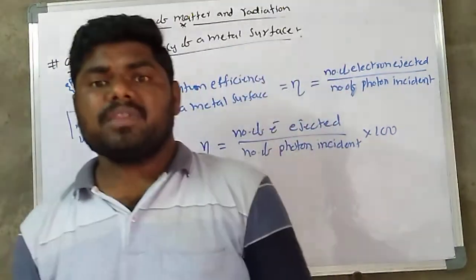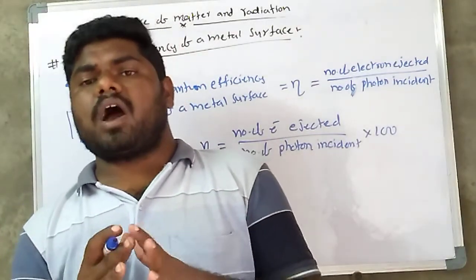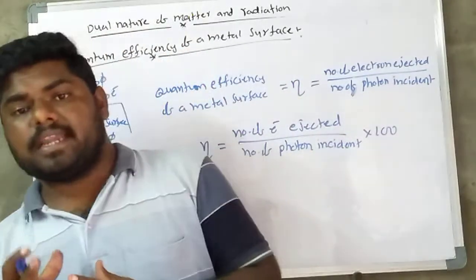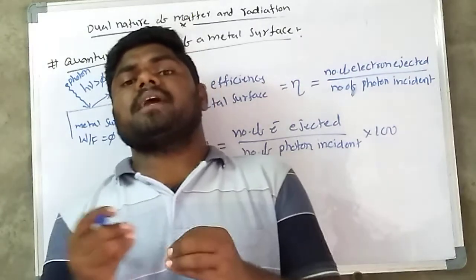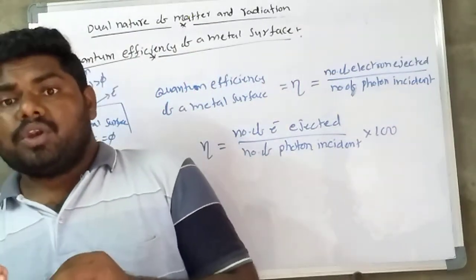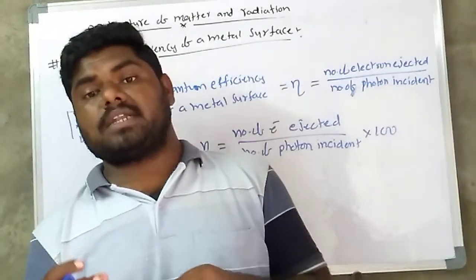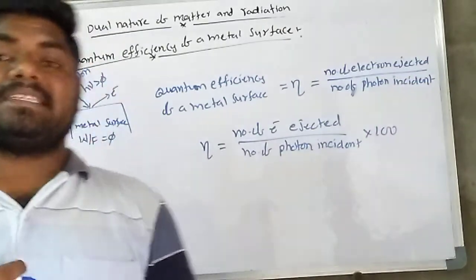It may be possible that not all photons in an incident radiation beam, even with h mu bigger than the work function, eject electrons from the metal surface.